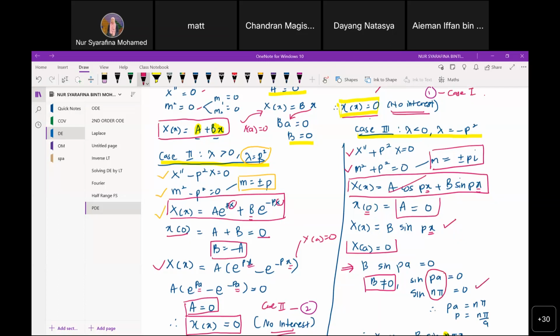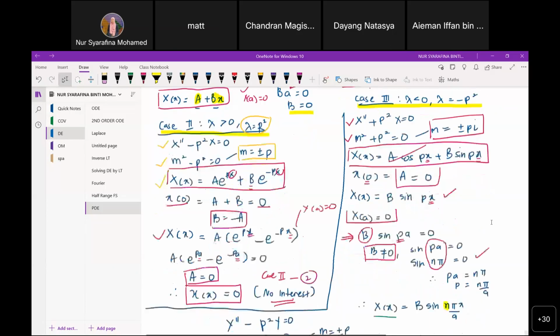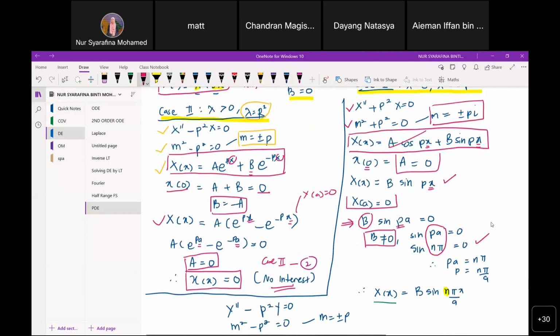So instead of finding b, we can at least find the constant p. Your solution of X now becomes X equals b sine n pi x over a. So this is your X.